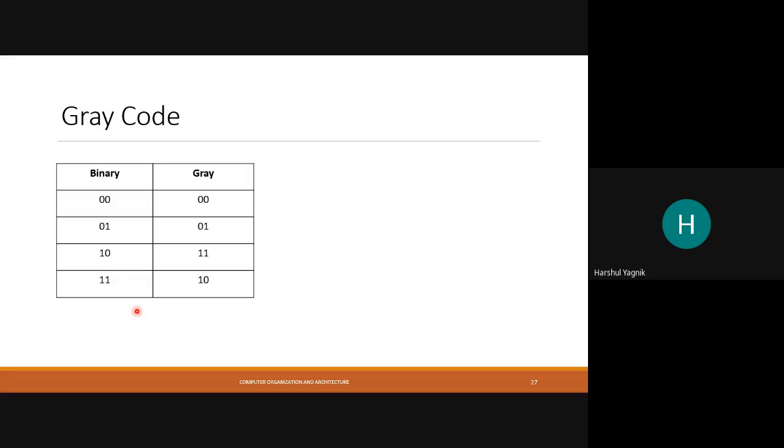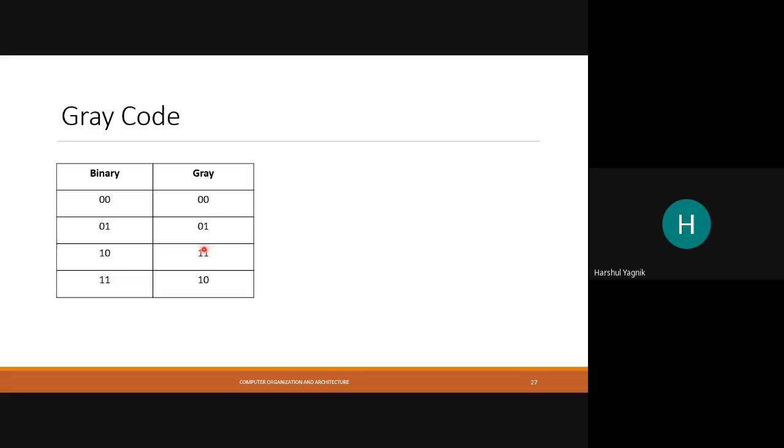So you see, these are 2-digit binary numbers, okay? There are 4 possibilities: 00, 01, 10, and 11.